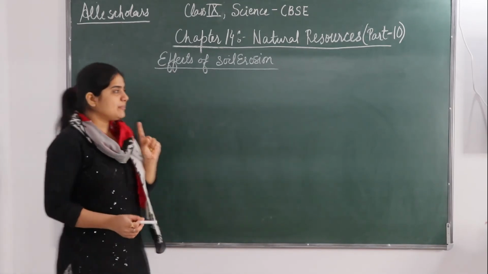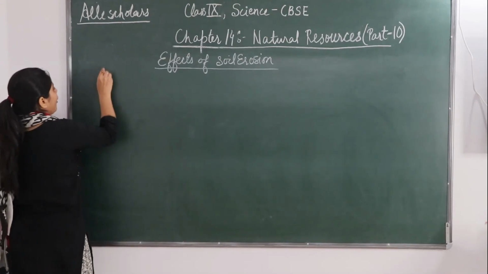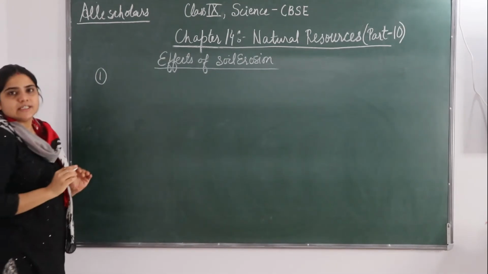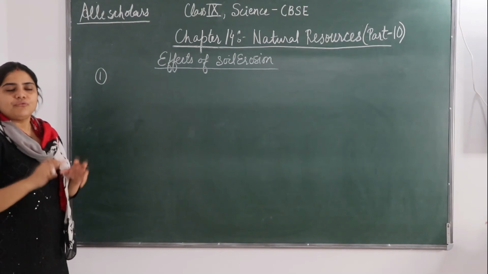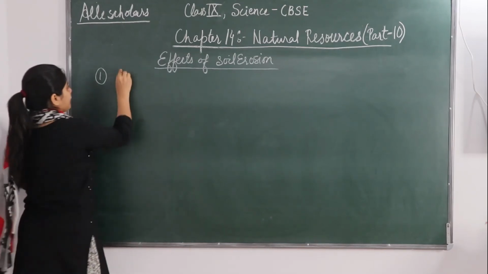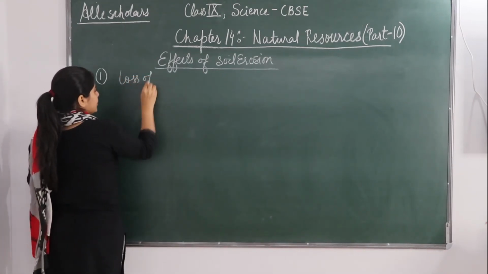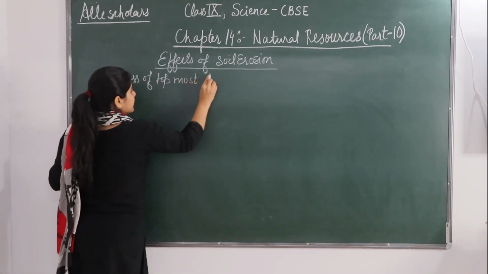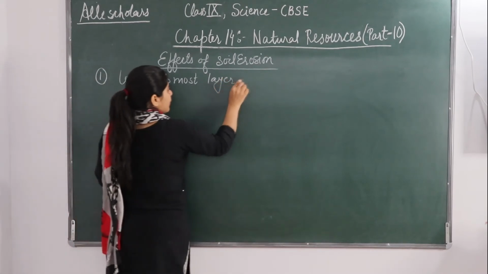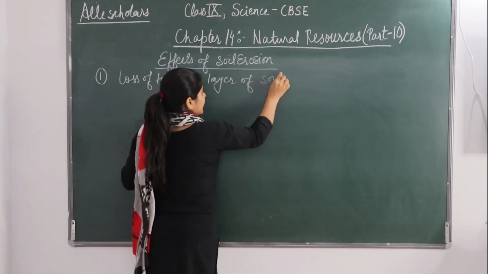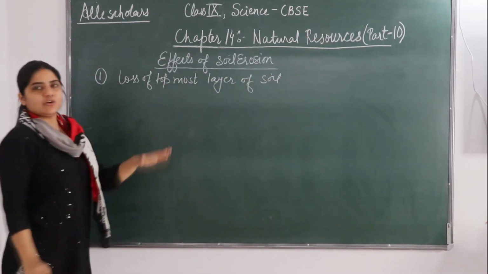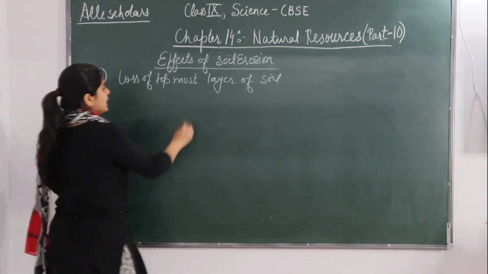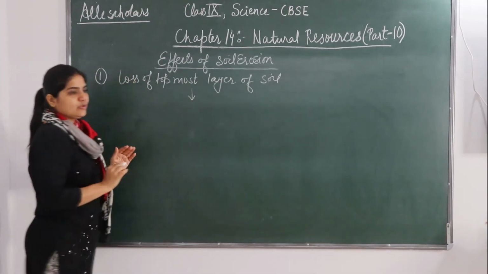Okay, so the biggest effect of soil erosion is the loss of the topmost layer of soil. The topmost layer of the soil is going to be lost. It means what is going to be lost?